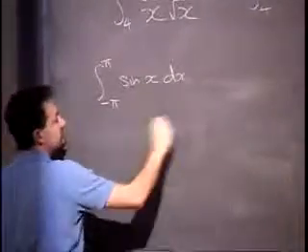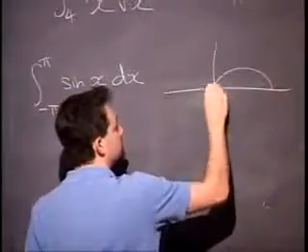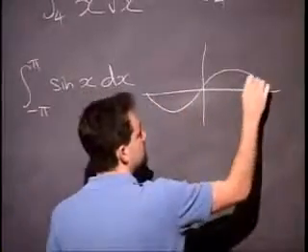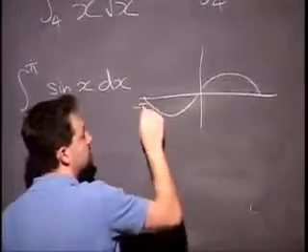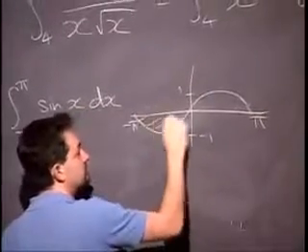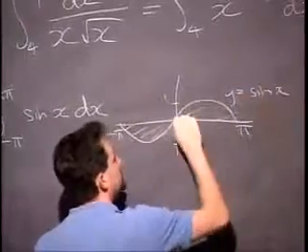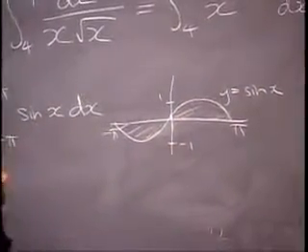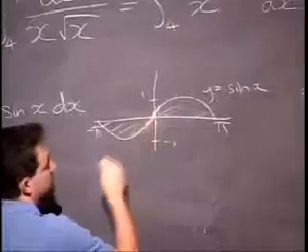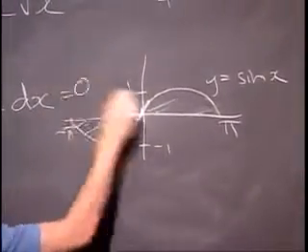And the graph of this, so here's y equals sine x just from minus pi to pi. It's supposed to go through the origin. I just can't draw. We decided this integral is 0 because that's an odd function.